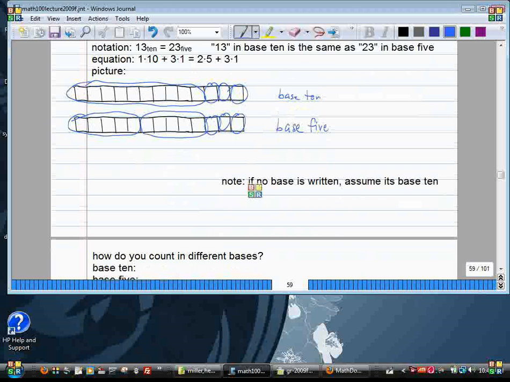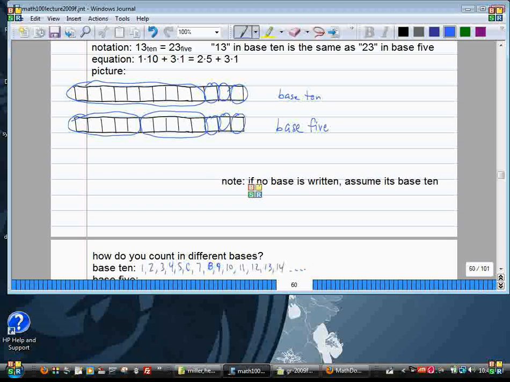Well, in base 10, I'm pretty sure we all know how to count in base 10. So how does counting in base 10 go? 1, 2, 3, 4, 5, 6, 7, 8, 9, and then 10, 11, 12, 13, 14, blah, blah, blah.